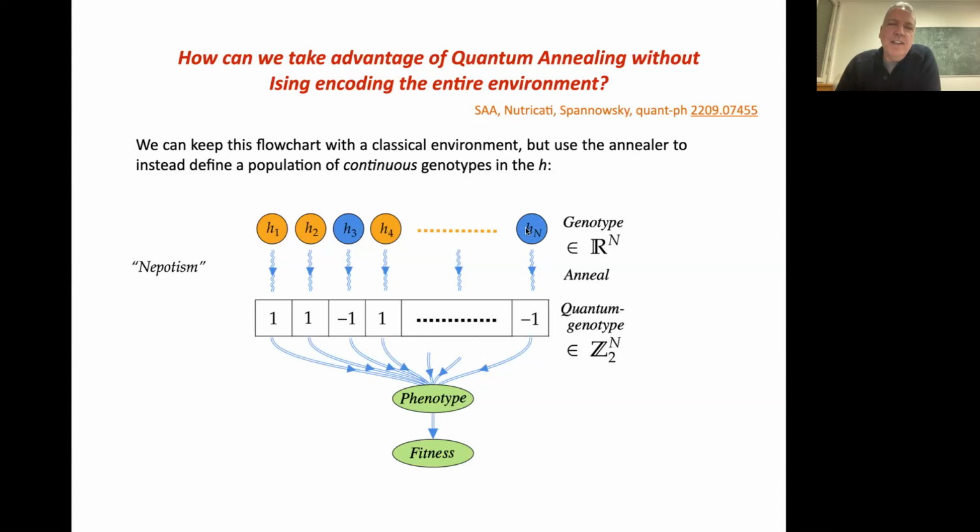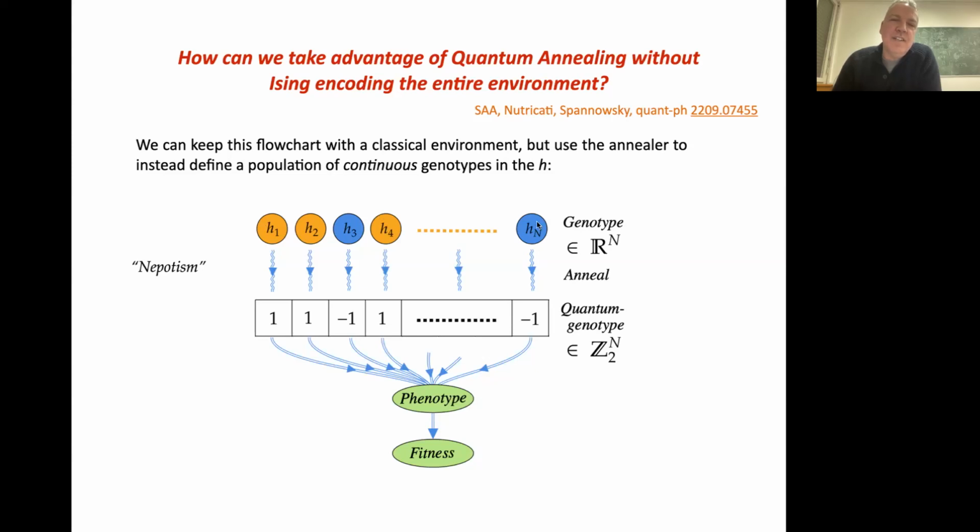And when you're doing an anneal, what happens is that these give rise to binary spin values. So it's 1 and -1, but you can convert it to ones and zeros. So it gives you essentially a genotype answer, a discrete answer. So we call that the quantum genotype. So this is our definition of a creature.